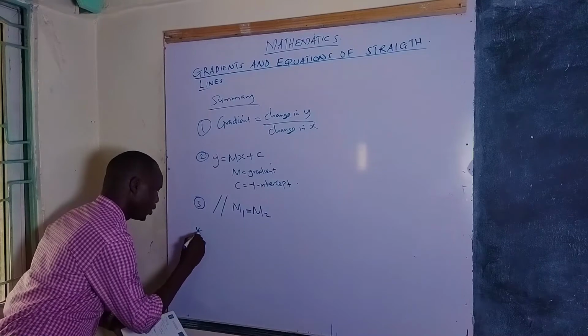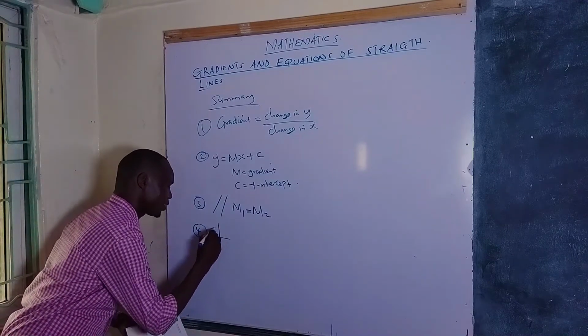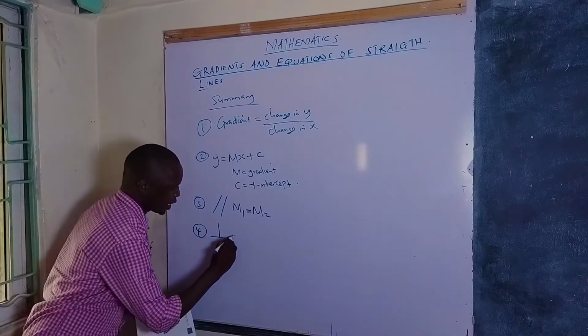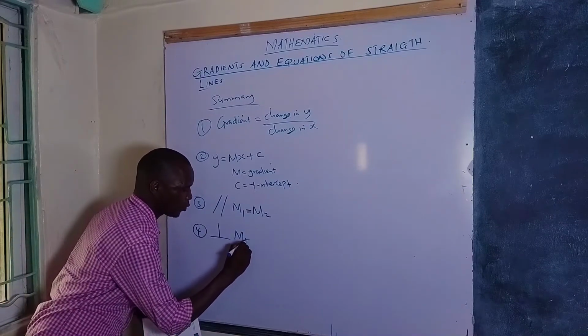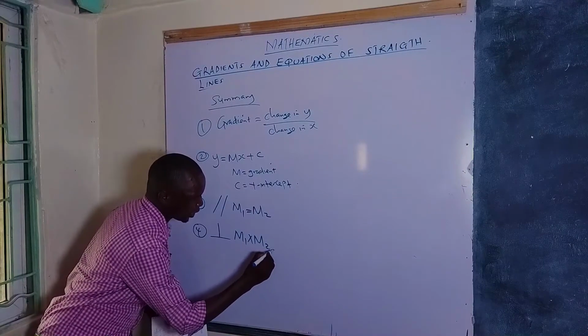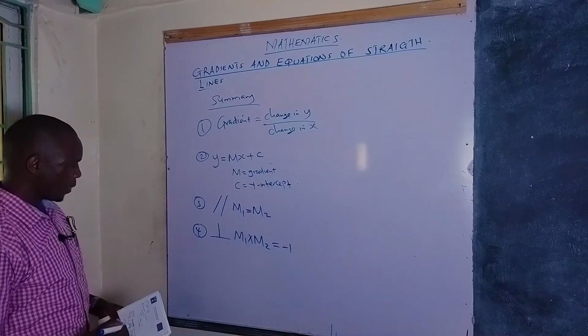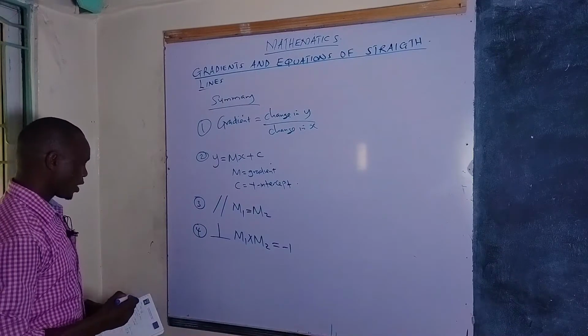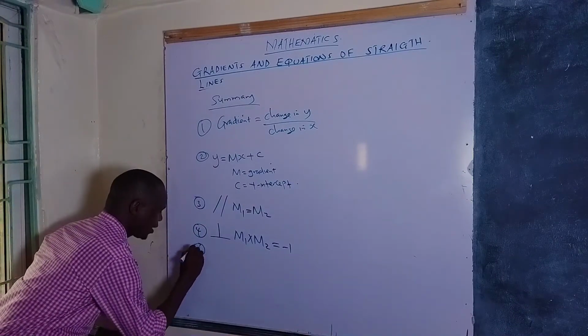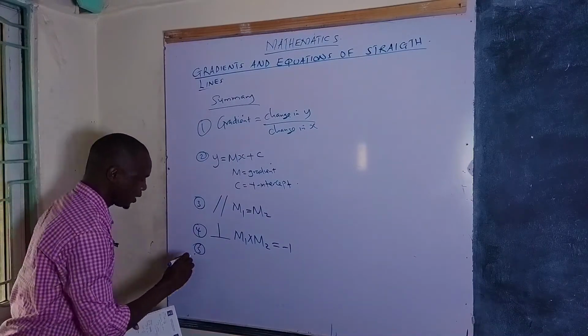Number four, we have looked at perpendicular lines, and we have said that for perpendicular lines, if you multiply m1 by m2, the answer will always be -1. Then number five, we have looked at how to find midpoints.